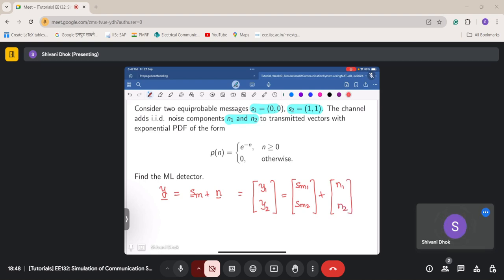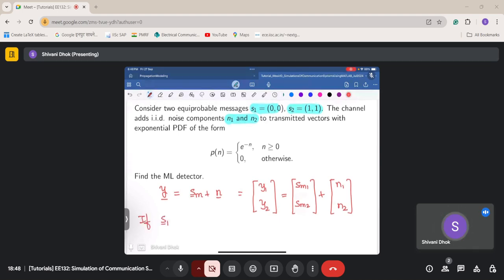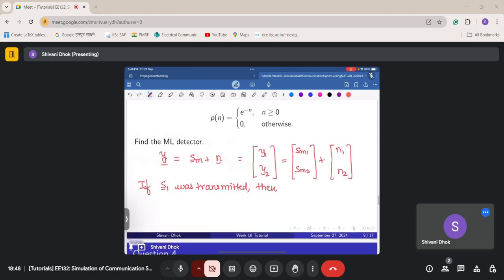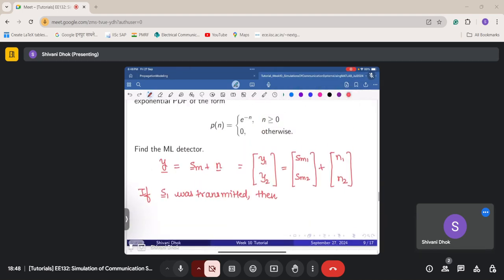And so what we have is, if S1 was transmitted, then the Y1, Y2 vector will be equal to N1, N2.